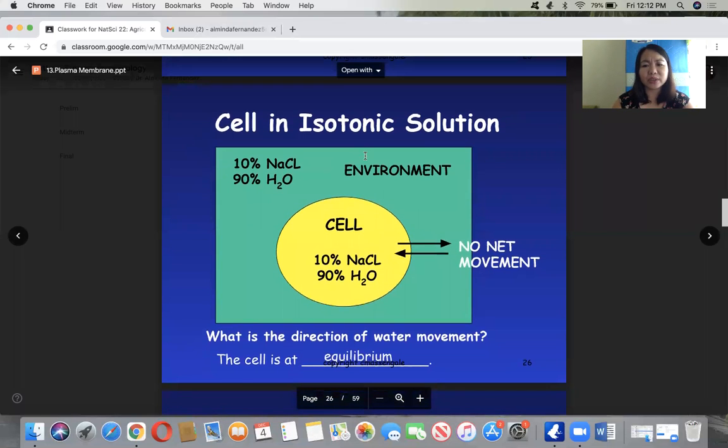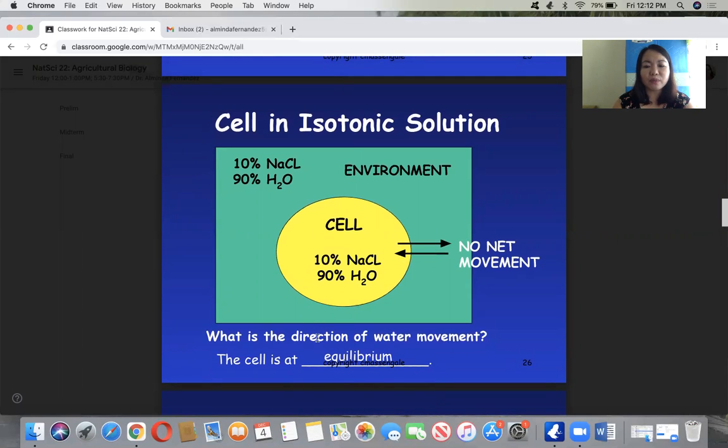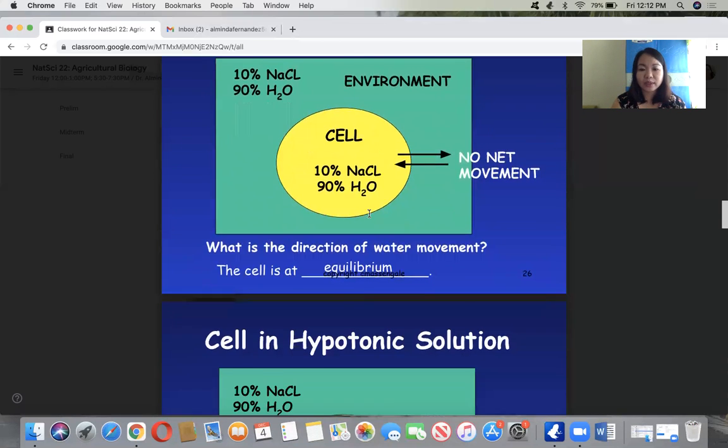So a cell in isotonic solution, the direction of water in the cell is at equilibrium, since the environment has 10% sodium chloride and 90% water, while inside the cell also has the same, 10% sodium chloride and 90% water, so there is no net movement, equal and in equilibrium.